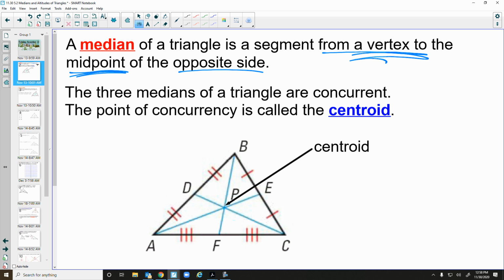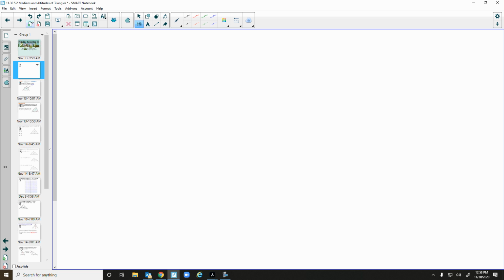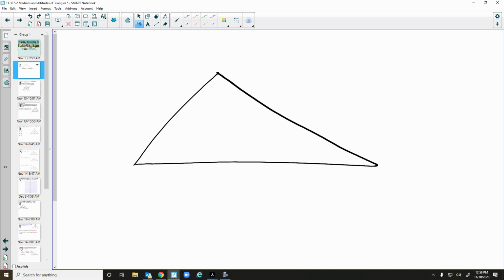So something that's a little bit different with our perpendicular bisectors. So we have a triangle. The rule of a perpendicular bisector is that it has to bisect a side perpendicularly.